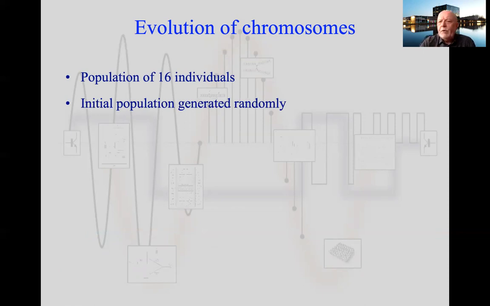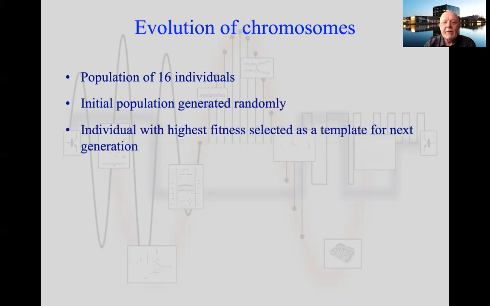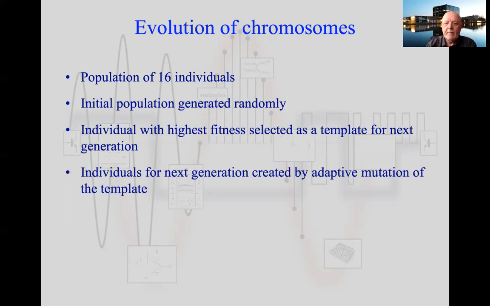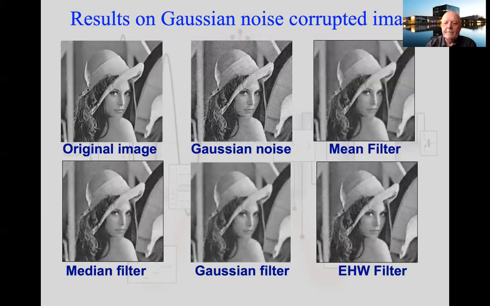Quite often with evolutionary programs you can seed it so that you're starting off with something that isn't completely random, but in this particular case we did a random generation. Individuals with the highest fitness were selected as parents, as templates for the next generation. Then adaptive mutation was performed on them to create new individuals for the next generation.